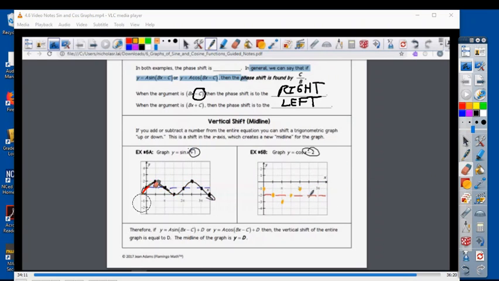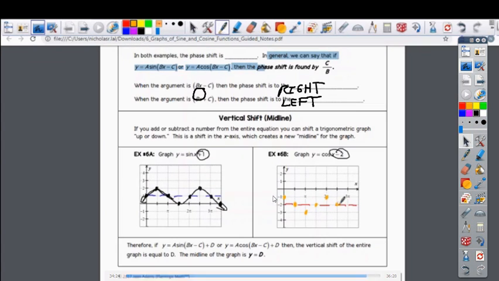And I'm drawing it methodically in real time there. So essentially that just shifts it down 2, or up 1. But you're shifting its midline, okay? So you're always shifting the midline of the function so the function stays centered.